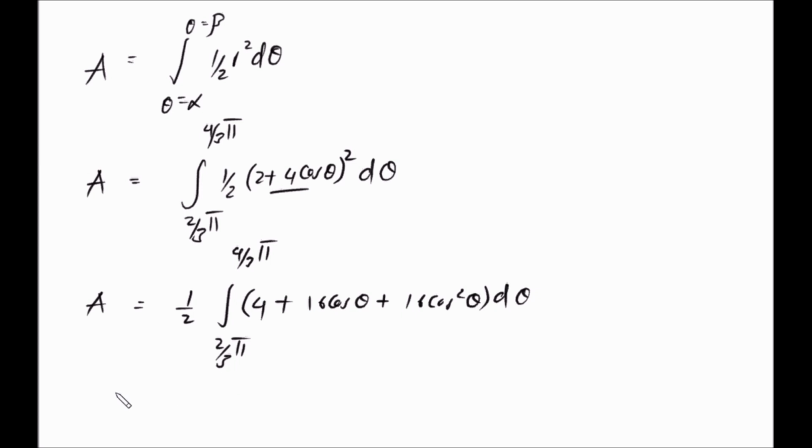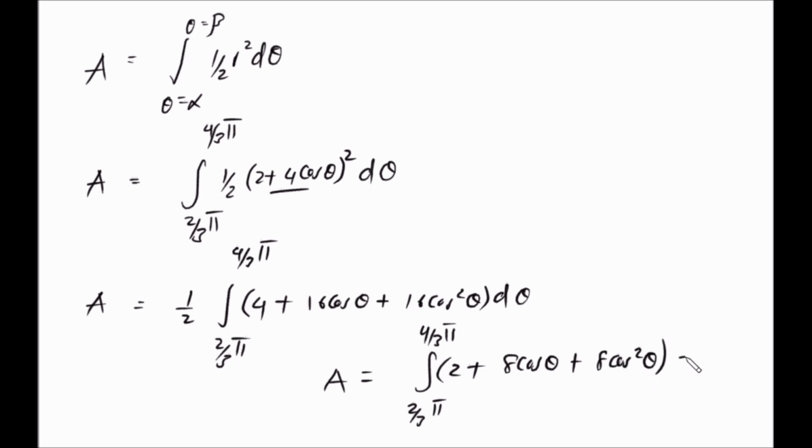So nikiingiza hii half ndani, you see that my area now is just going to be, you integrate from 2 over 3 pi to 4 over 3 pi. So 4 divided by 2 ni 2 plus, we're going to have 8 cos theta plus 8 cos squared theta with respect to theta. So now we proceed kama vile una integrate a simple polynomial expression.